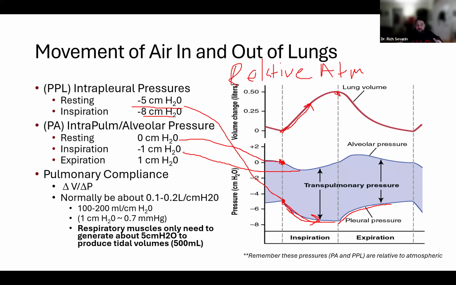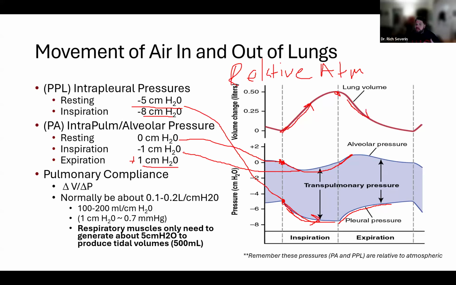So with that filled lung, with the chest wall and the lungs recoiling, the pressure goes up a little higher than atmospheric. Alveolar pressure goes slightly above, atmosphere +1. That's higher than atmospheric, and then air will begin to flow out of the lungs.